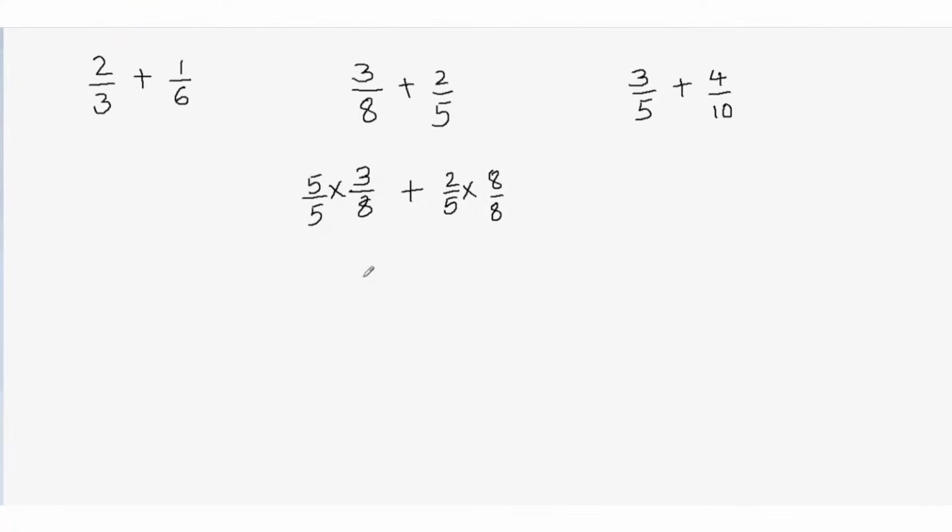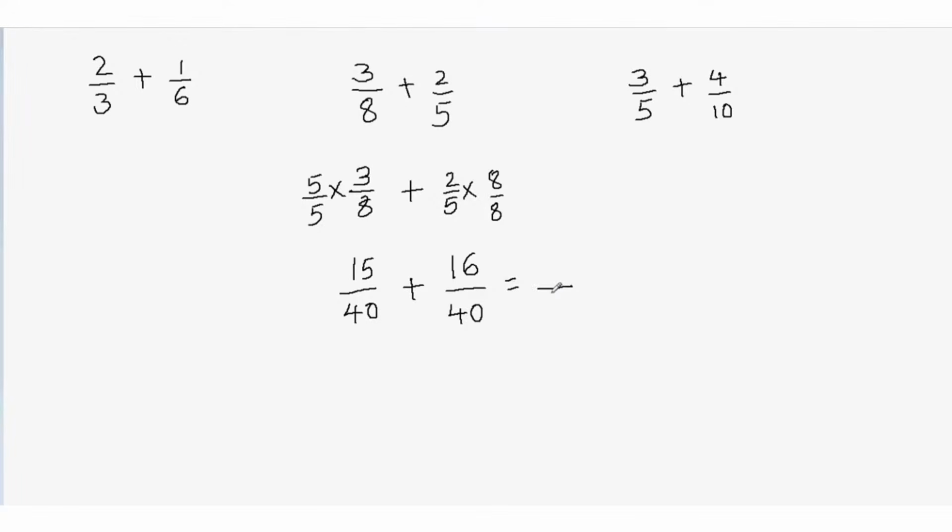So 5 times 3 is going to be 15. 8 times 5 or 5 times 8 will be 40. Plus 2 times 8 is going to be 16. And then 5 times 8 is going to be 40. So now you can see that I have the same denominators.